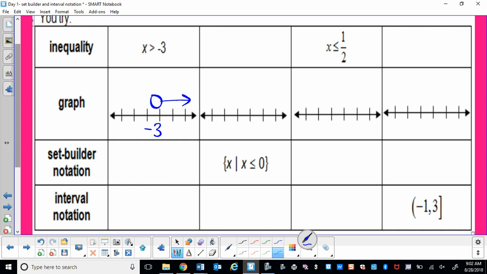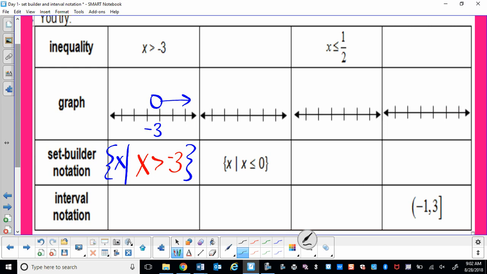All right. My set builder, I write my braces first. What's next? Your x, your line, and what goes on the inside? X is greater than -3. From left to right, look at my graph.